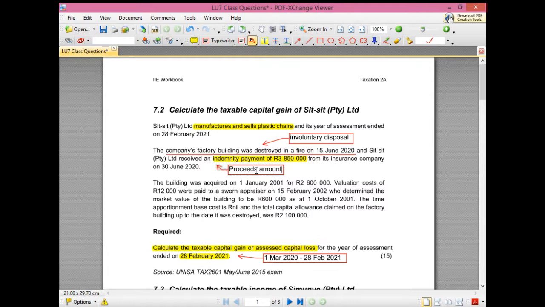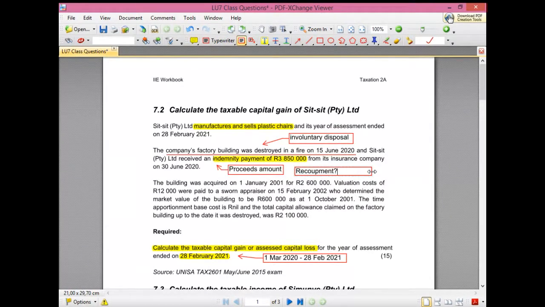Okay, so that indemnity payment is seen as if that is the amount that you've sold that asset for. But as soon as we think about factory building, we know it's part of manufacture, so we would have received a capital allowance. So the other thing that needs to then pop up in your mind is, is there potentially a recoupment that has happened due to this deemed disposal?